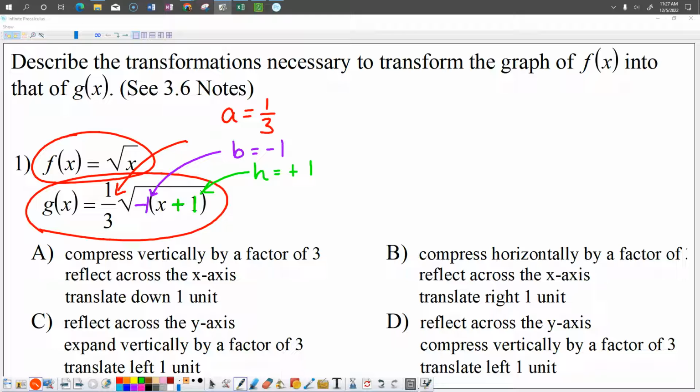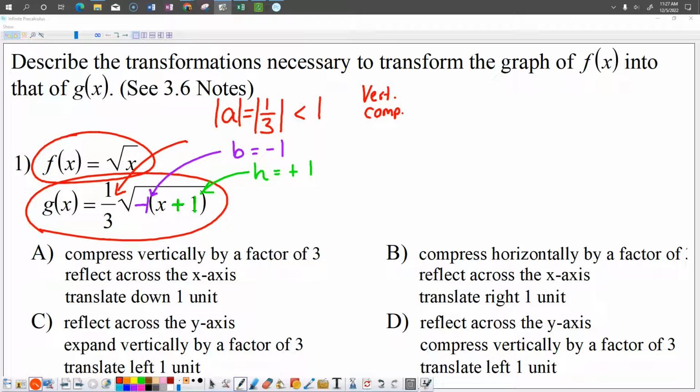Okay. Now, if we look back at our little sheet that we wrote down, first of all, notice that a is positive. So it's not going to be reflected across the x-axis. But the absolute value of a is less than 1, which means our graph is going to be vertically compressed.